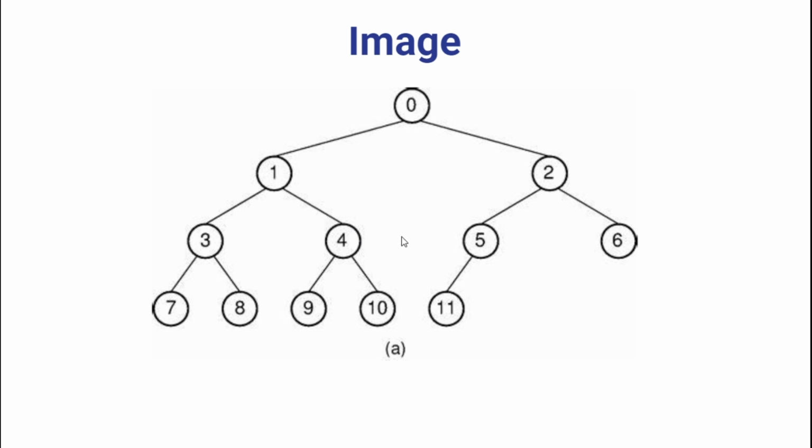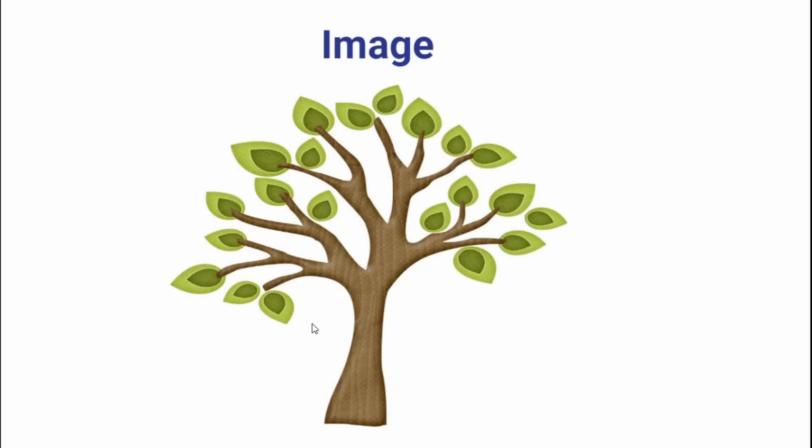Next we'll be looking at a real world depiction of a tree, so that you can see the relativity between the structures and reality. Here is a tree in the real world. You can take the heads of the branches as parents, which have the leaves as children, and this is the root of the tree.